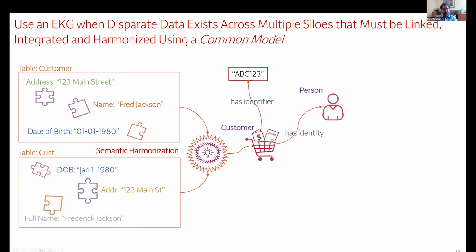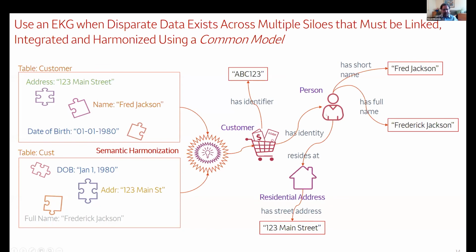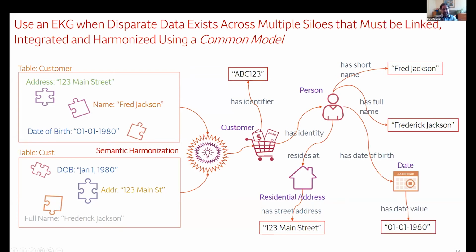The semantic harmonization process will use techniques to ingest the data from the basic physical data source and then transform it into a knowledge graph representation where we have these first-class objects that reflect a common language, where we could create this thing called a customer, which has an identifier, whose identity is a person, and it'll have different attributes that link to this object, and it'll reside at a residential address, again, a first-class object across the enterprise spectrum, and a date of birth.